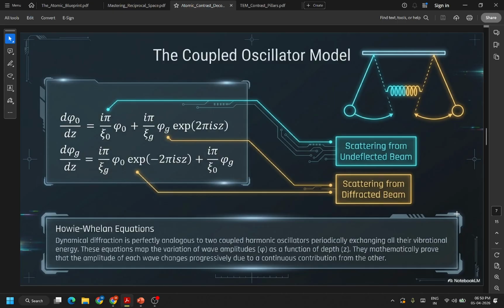These equations map the variation of wave amplitudes as a function of depth z. They mathematically prove that the amplitude of each wave changes progressively due to a continuous contribution from the other.